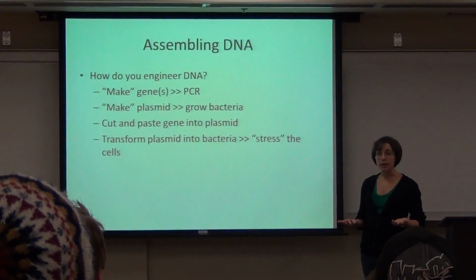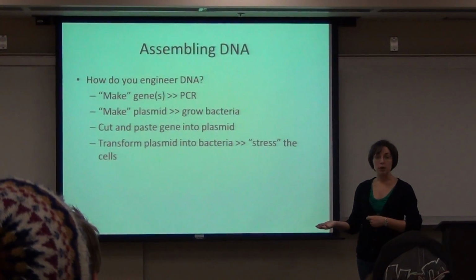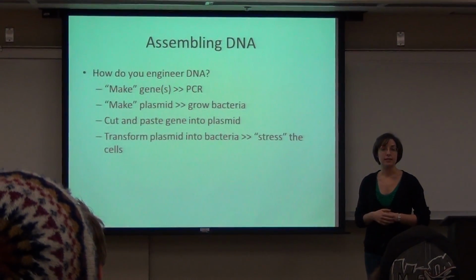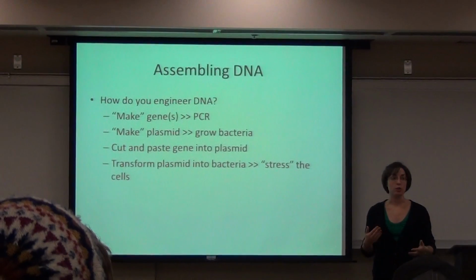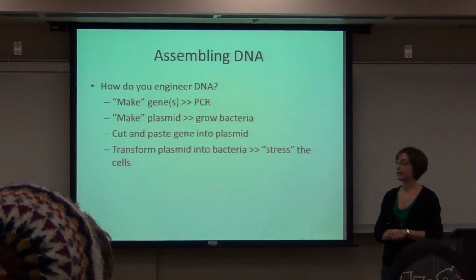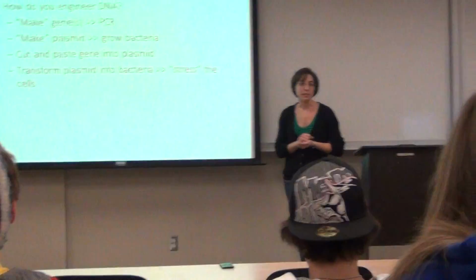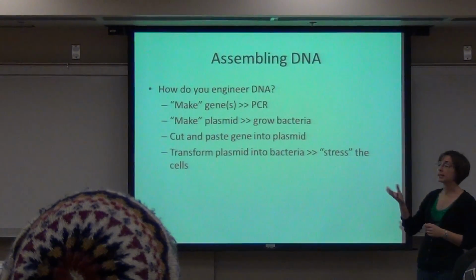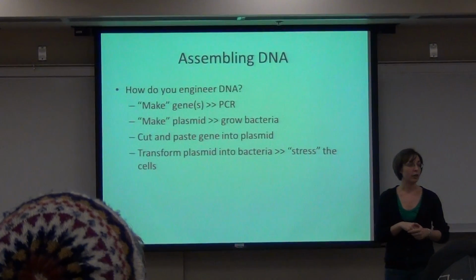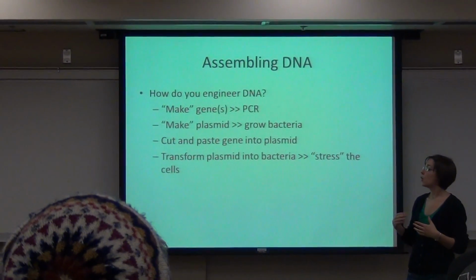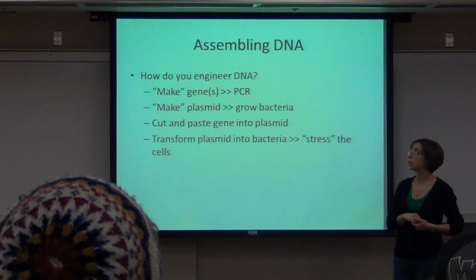And the easiest way to do that is to grow bacteria that have that plasmid, and they'll just replicate it like they do all their other DNA with all their cellular processes. So we grow bacteria, they make the plasmid for us, and then we can isolate the plasmid from the bacteria once they've grown long enough. Then we can basically cut and paste the DNA together to make one final product with our plasmid that has our new gene in it.